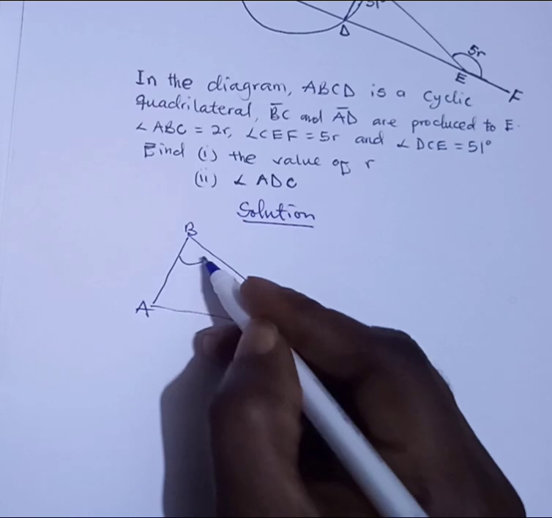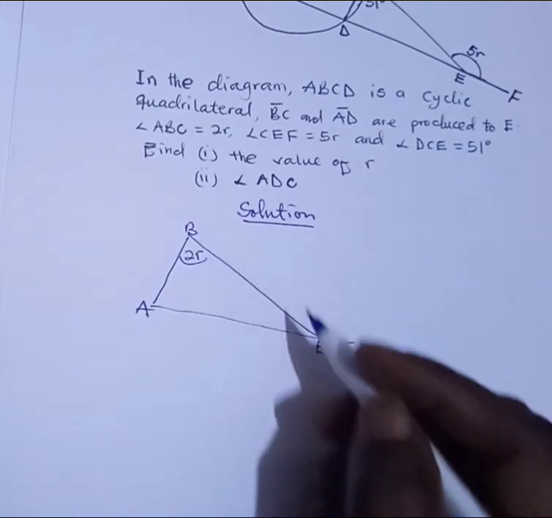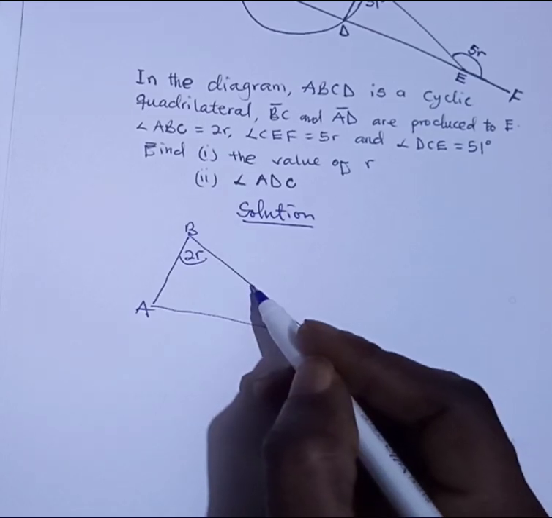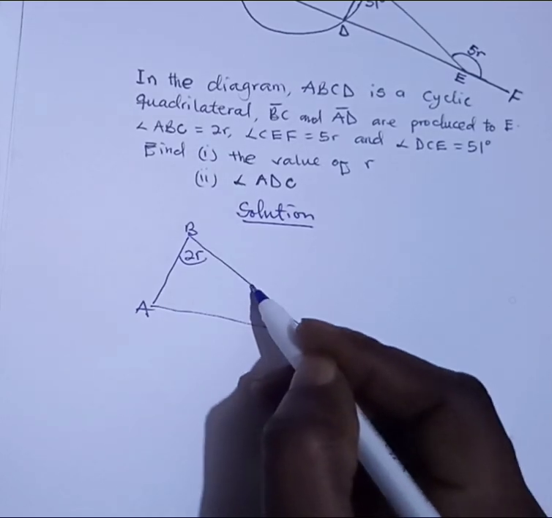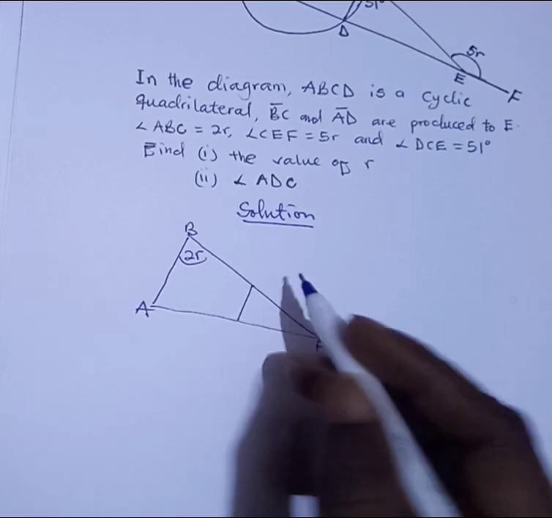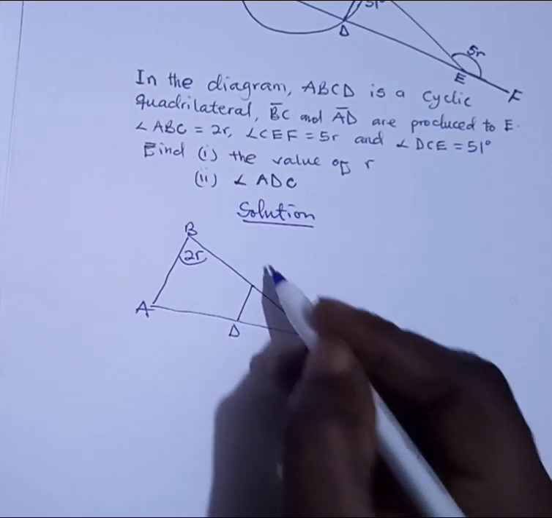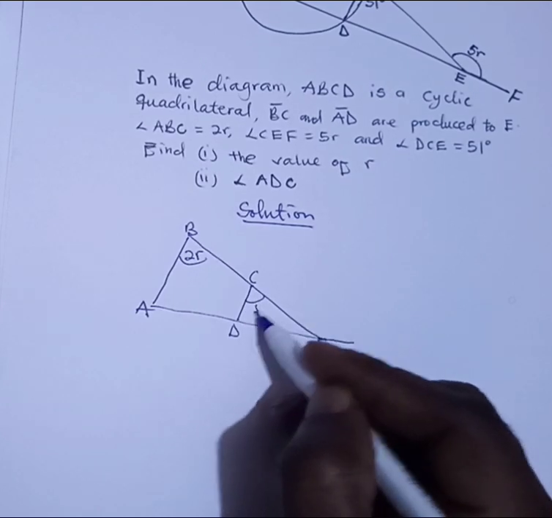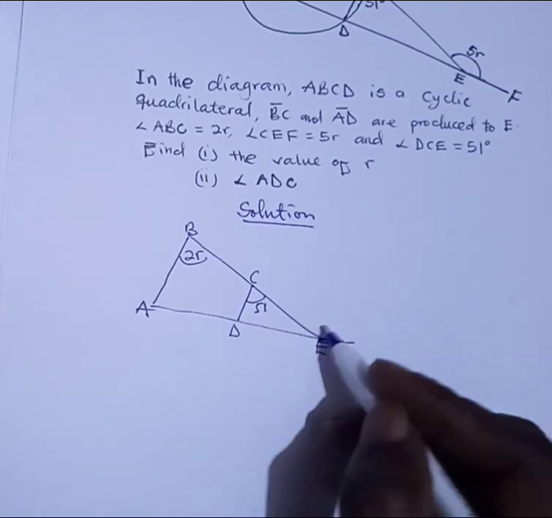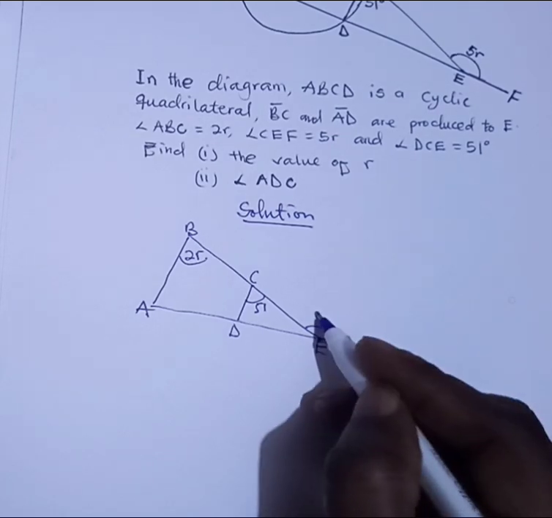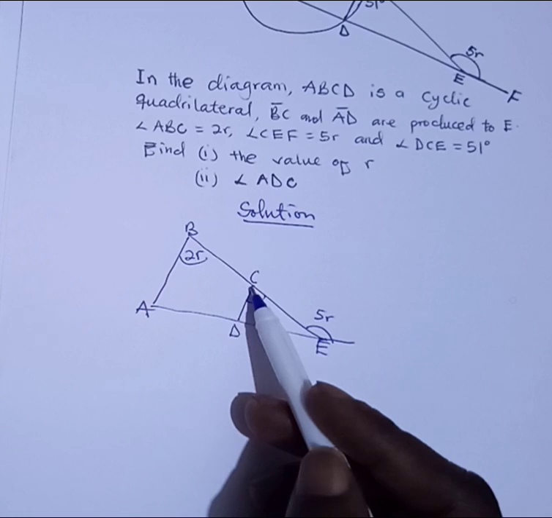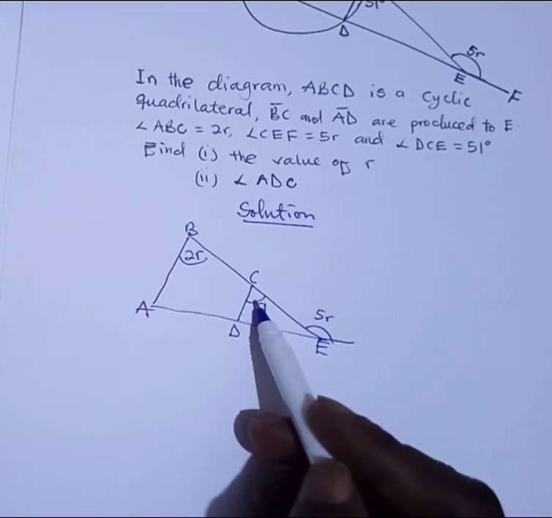Then we are saying here is 2R. And then there is another line here. Let me call here my D and then my C. We have this angle as 51, and this particular angle gives us 5R. Now let's consider this part.